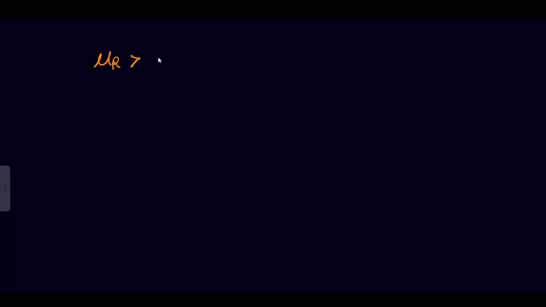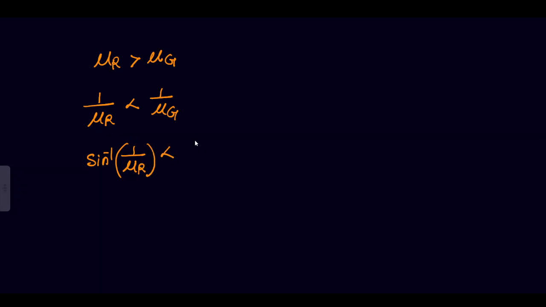The refractive index of red is greater than the refractive index of green first. Now we wrote it as 1 by mu r is less than 1 by mu g. Taking sine inverse on both sides, sine inverse of 1 by mu r is less than sine inverse of 1 by mu g.